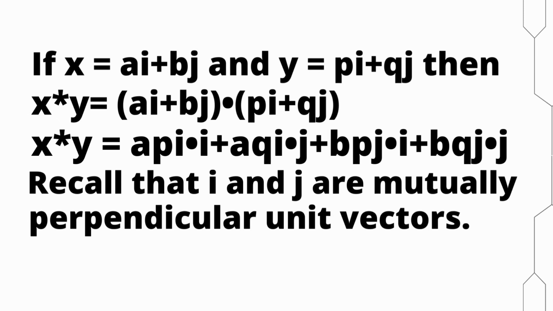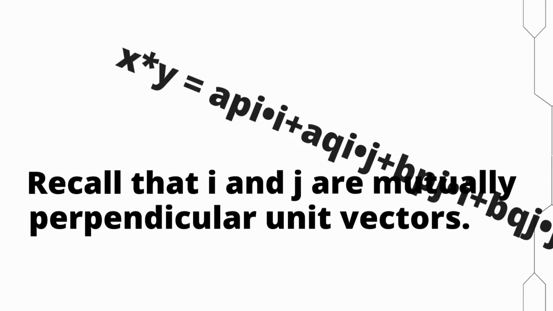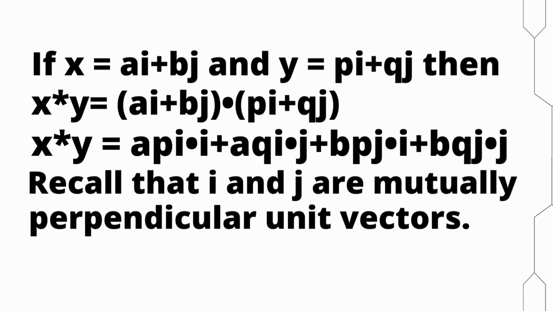Now, if X and Y are two vectors with components i and j, X is equal to Ai plus Bj and Y is equal to Pi plus Qj. Then X dot Y is equal to the product of these two vectors, which gives us APii plus AQij plus BPji plus BQjj.